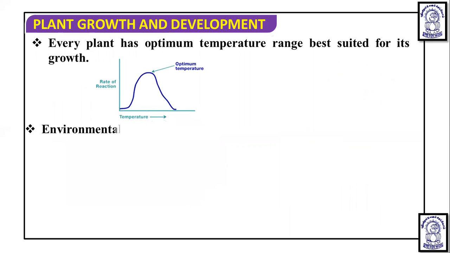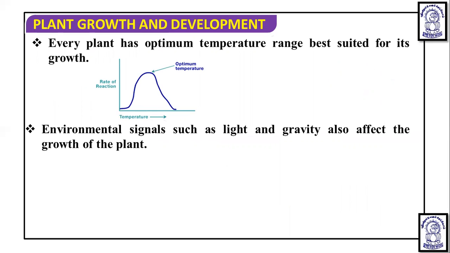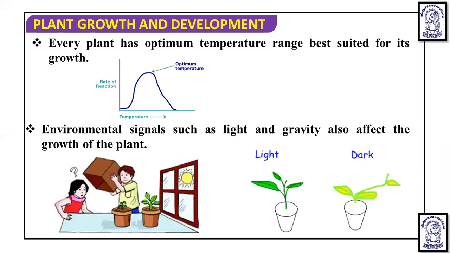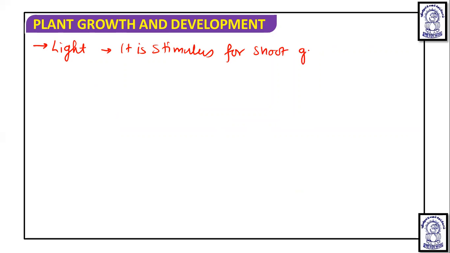Now, environmental signals are also there, such as light and gravity, which also affect the growth of the plant. Light, as we know, is a stimulus for shoot growth, that is positive phototropism.